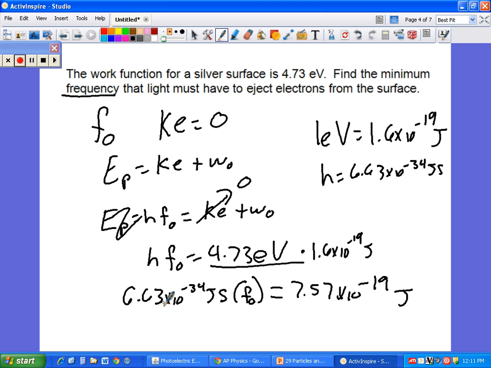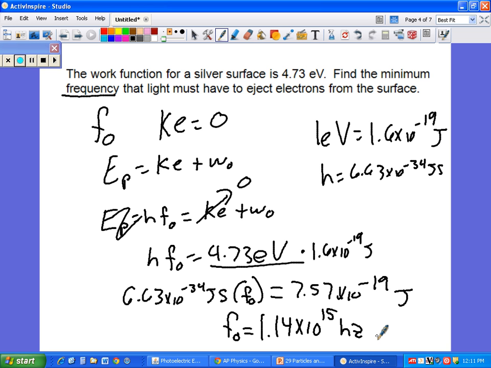Now we divide by Planck's constant, and you get f naught, the minimum frequency needed, which should be 1.14 times 10 to the 15th hertz. Hertz is still our unit for frequency, just like it was before.